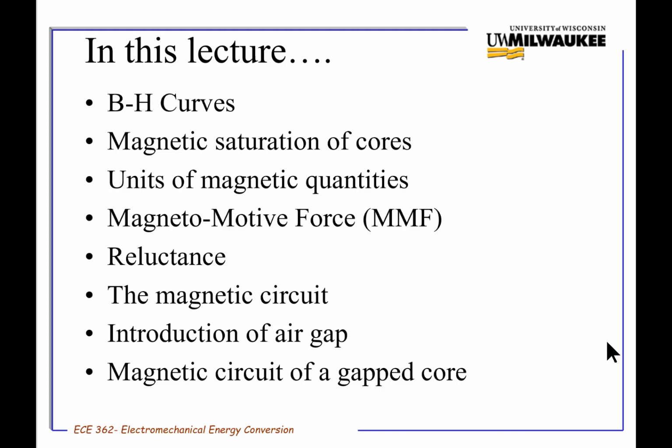We will also introduce reluctance in a magnetic core or an air gap. And we will introduce the magnetic circuit, first for an ungapped core, a simple core structure, and then we will introduce an air gap into the simple core structure and derive the magnetic circuit for the gapped core structure.